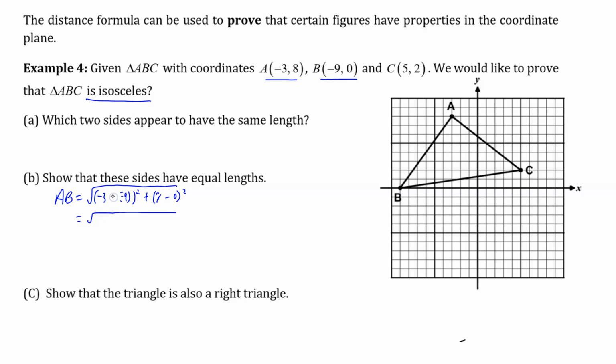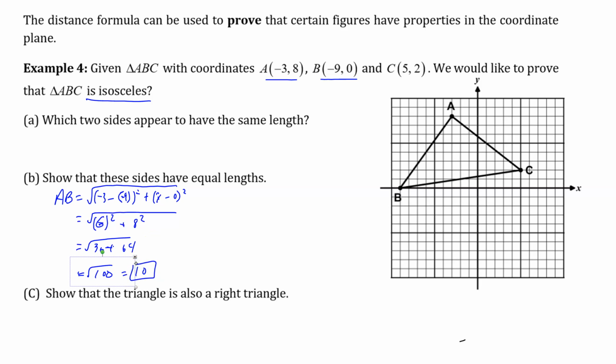This is supposed to be a minus. So I'm subtracting -9, so it really means I'm adding these together. So I get positive 6 squared plus 8 squared. So that's 36 plus 64, which is the square root of 100, which is in fact 10.